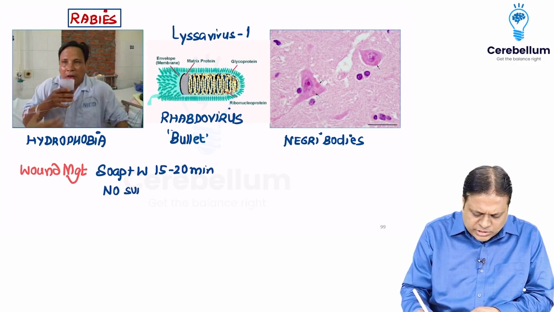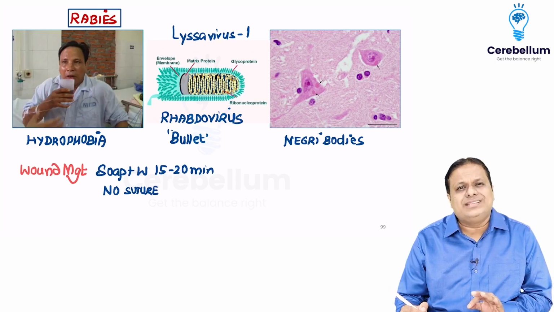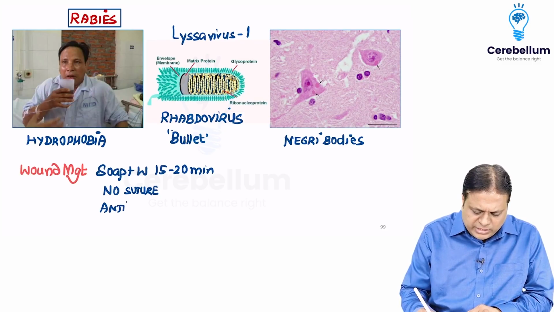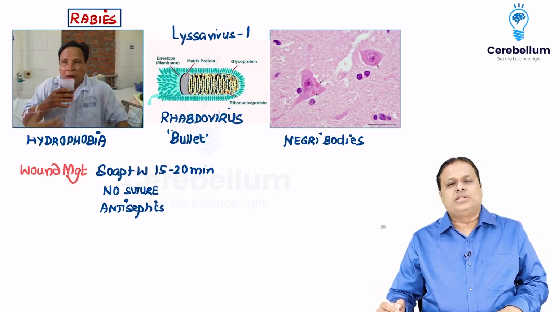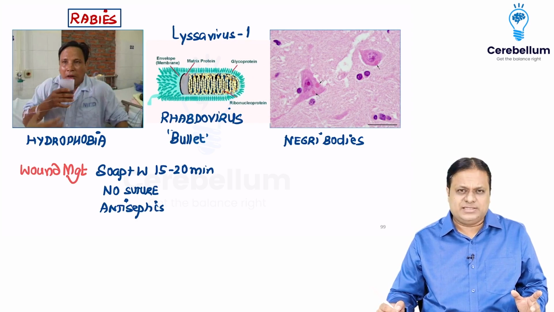Ideally, no suture. If it has to be there, then 1 to 2 loose sutures with local antiserum cover. Use locally available antiseptics. Vaccine to be used, immunoglobulin to be used in only category 3. Immunoglobulin not to be used after 7 days of starting the vaccine.